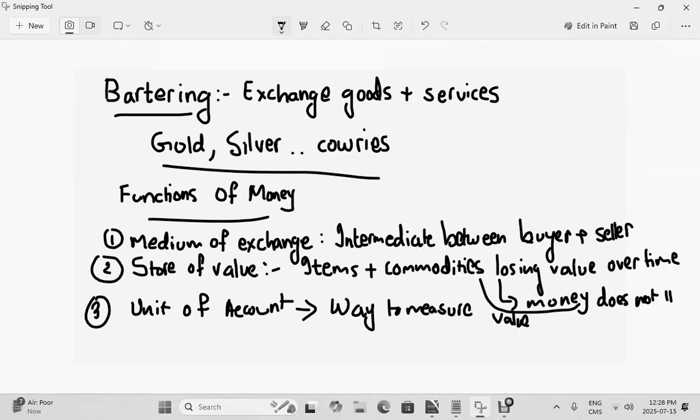All right, and the last one has to do with a standard of deferred payments.